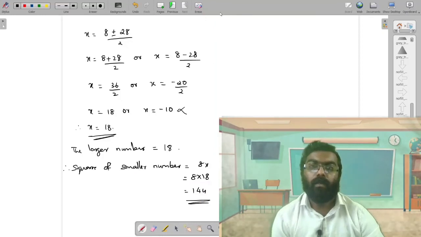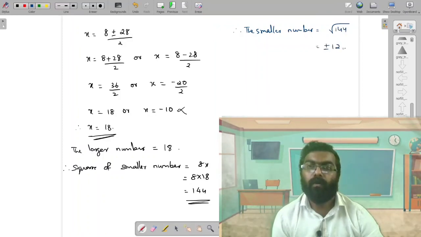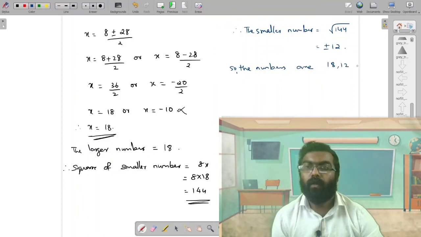So therefore the smaller number is equal to root of 144, that is plus or minus 12. So the numbers are 18, 12 or 18, minus 12.